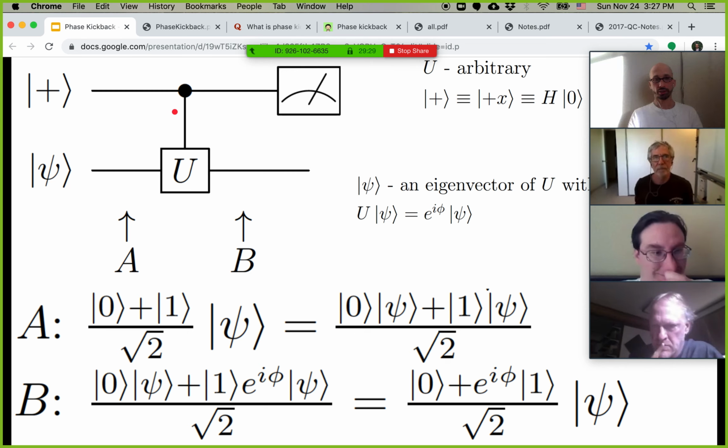Okay, so that's kind of strange, because in the classical case, the control qubit never changes, but the target qubit changes. Yes, the control qubit, yes, but not the target qubit.